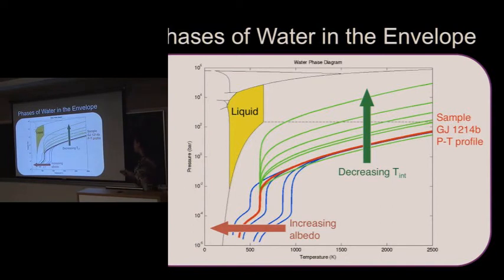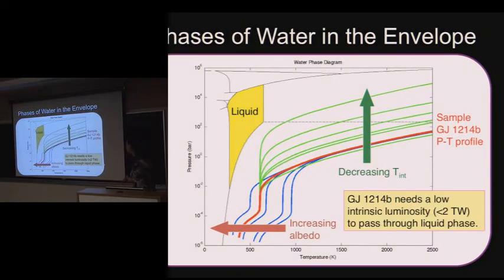And you can see that we have to decrease T_int quite a bit in order for the planet pressure-temperature profile to intersect these conditions where water could be in the liquid phase. And we find that GJ 1252b would need a very low intrinsic luminosity in order to have a liquid water ocean on its surface.